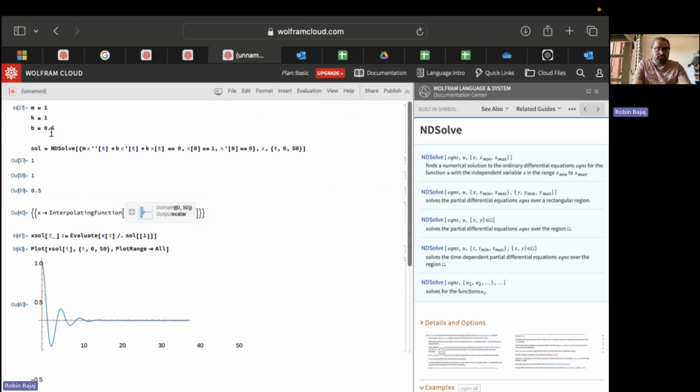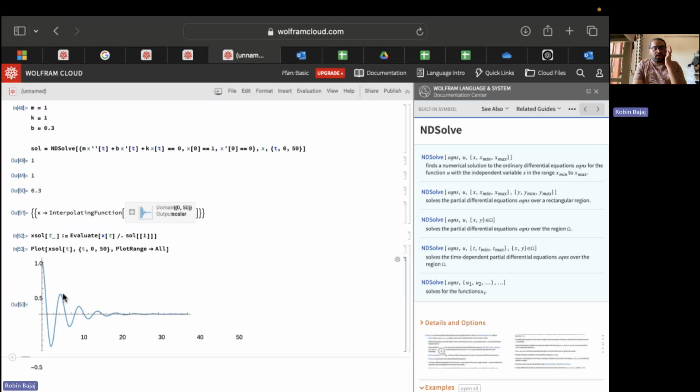If I make it 0.3, yeah, it's not linear at all. Let's go to 0.1.